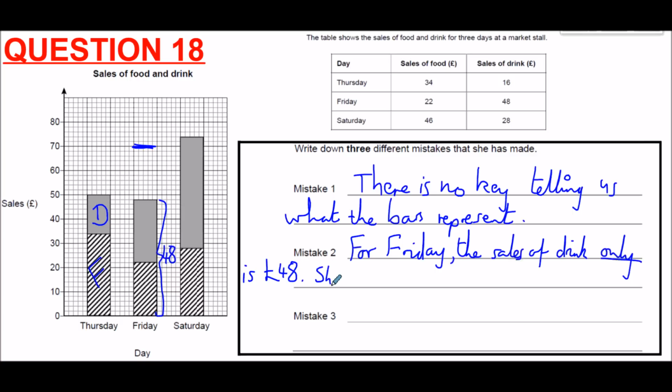But she's drawn £48 as the total of both food and drink. Which is clearly going to be wrong, because the total of both food and drink should be 70.